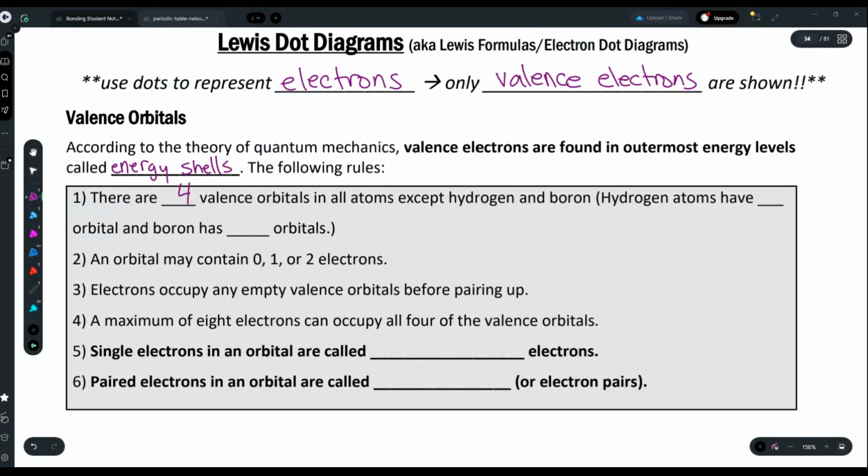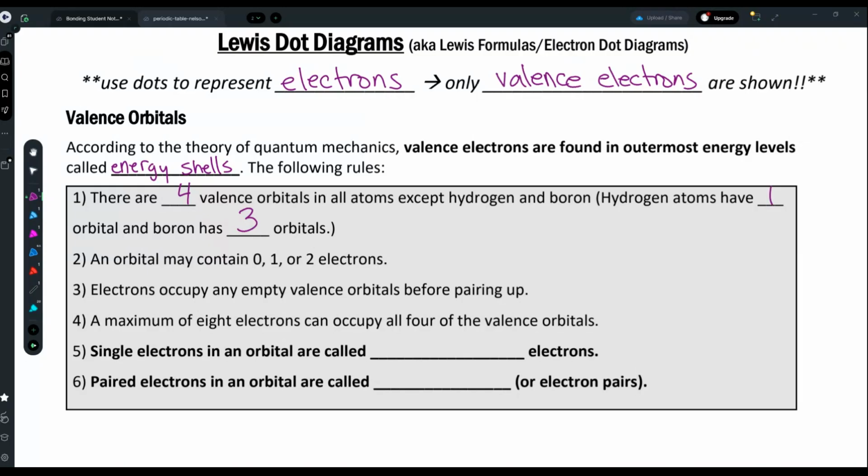So there are 4 valence orbitals in all atoms except for hydrogen and boron. Hydrogen atoms are only going to have one orbital, and boron is going to have 3 orbitals.